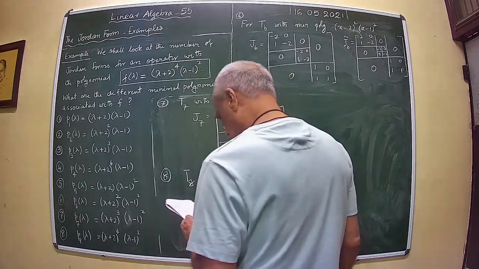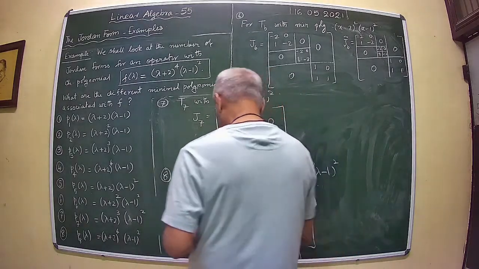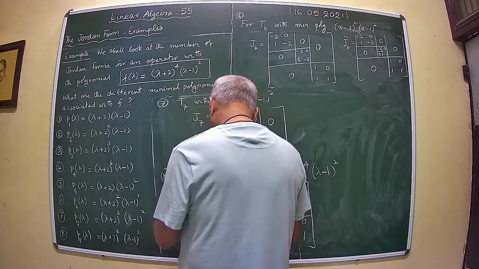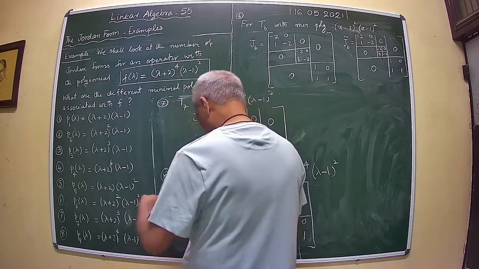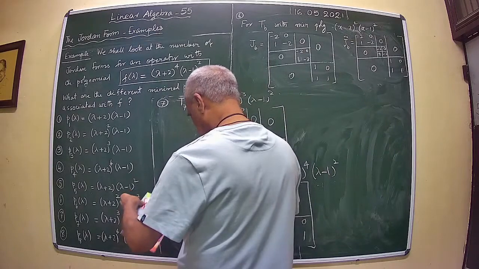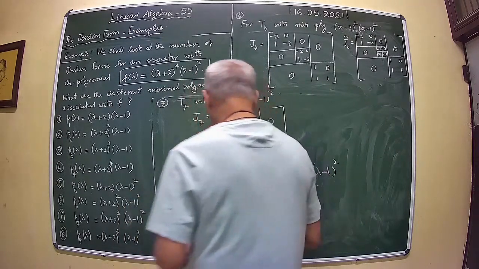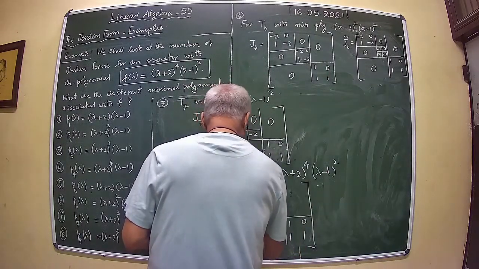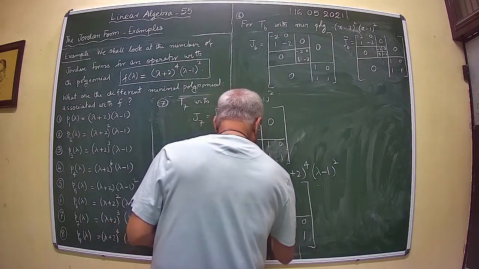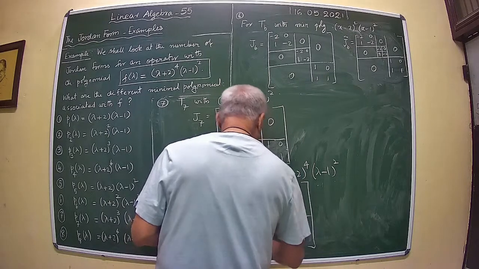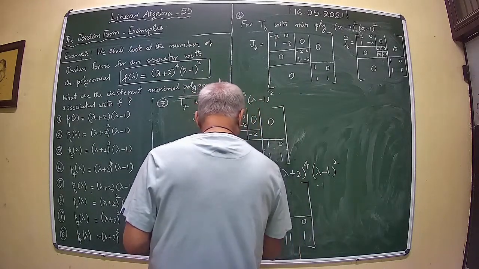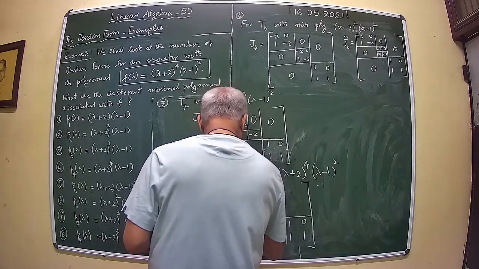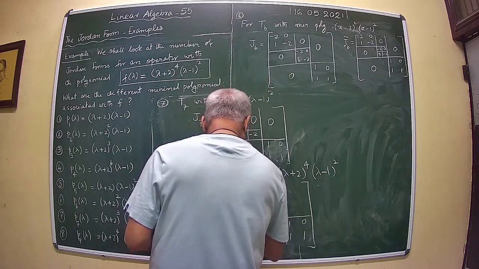And here what you have is the following scenario, namely minus 2, minus 2, minus 2, minus 2. So you have got 1, 1, 1, and 0 here.